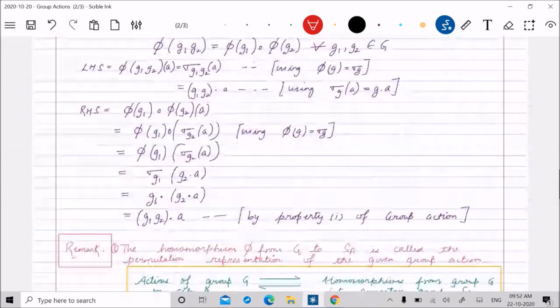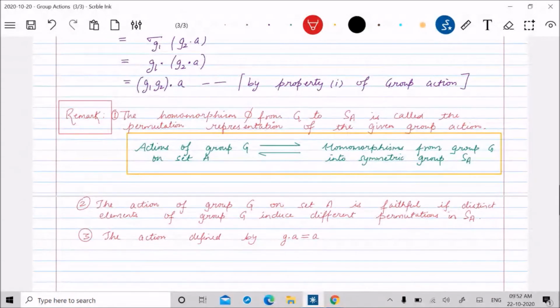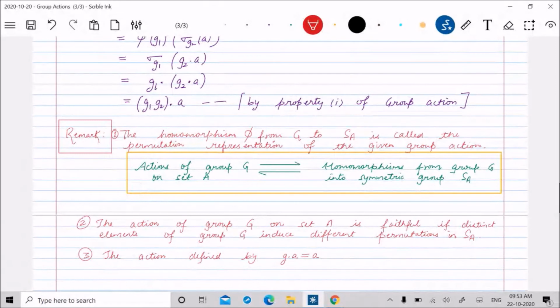It is possible that for some element little g of capital G, there is no disturbance at all. If it happens, then that action is called trivial action.